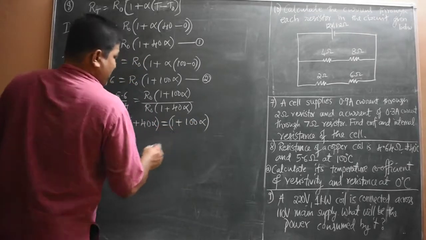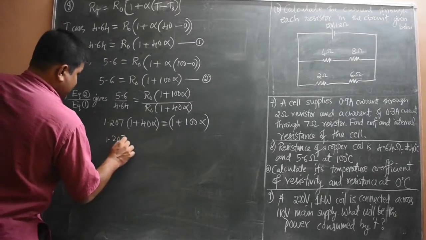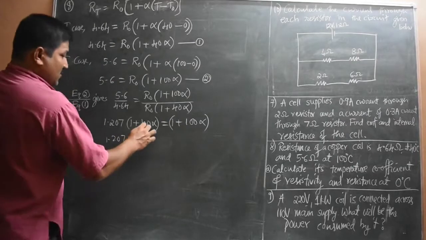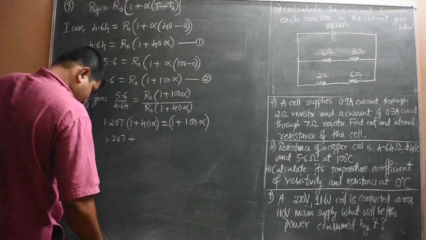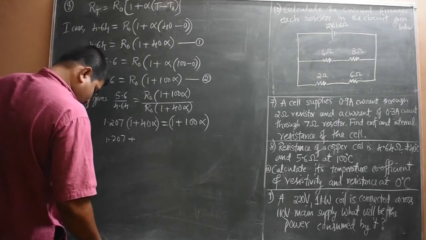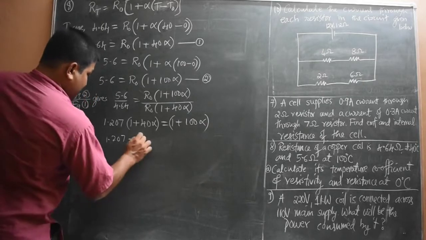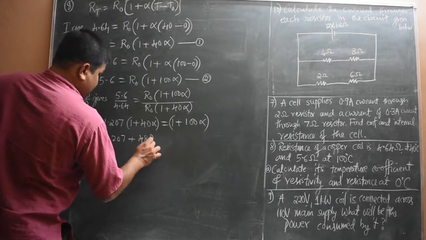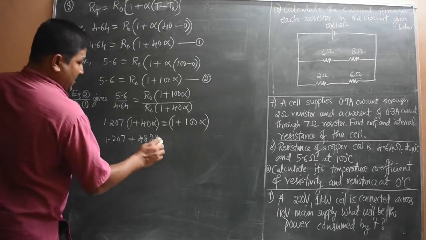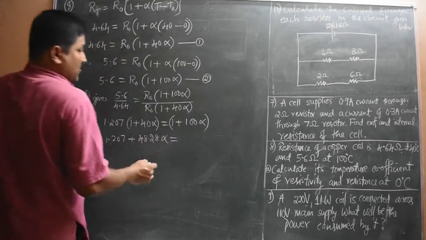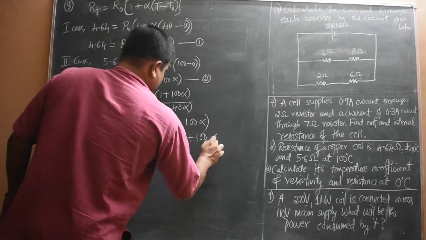Now multiply: 1.207 plus 40 into 1.207. So 40 into 1.207 is 48.28. So 1.207 plus 48.28 alpha equal to 1 plus 100 alpha.